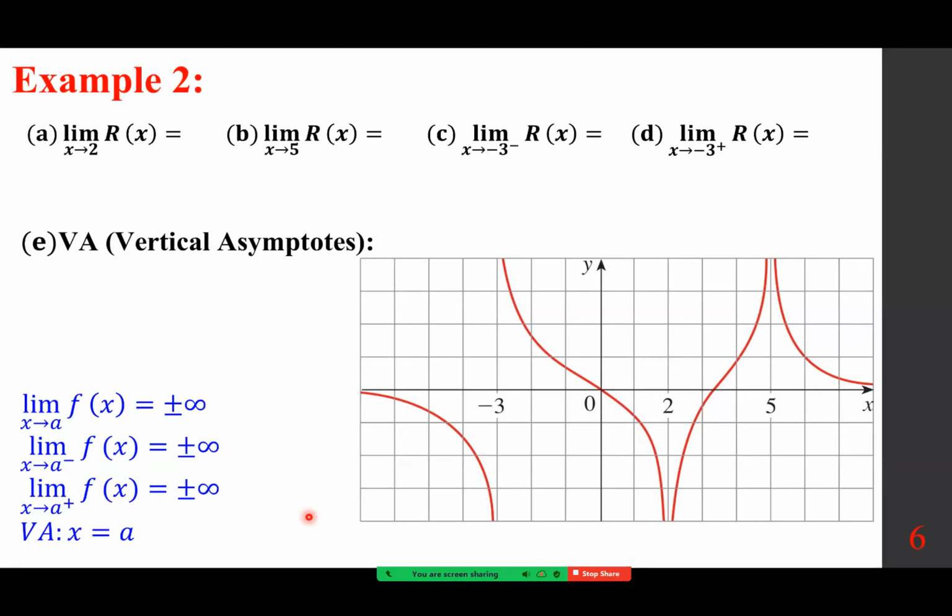So number 2, both sides are going down to negative infinity. 5, both sides are going to positive infinity.